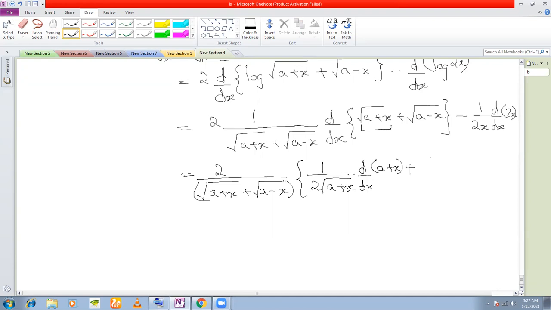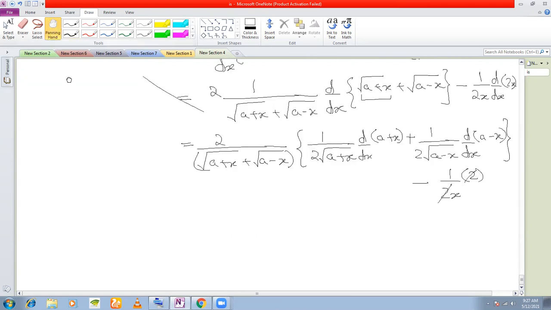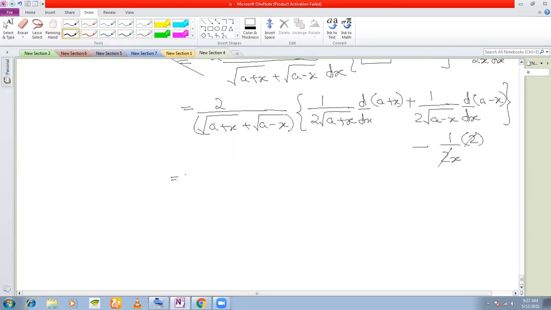And here you have root a minus x, so this is 1 by 2 root a minus x into the d/dx of a minus x. And you have a minus 1 by 2x into d/dx of 2x, which is simply 2. So this 2 and this 2 cancel. And we have 2 by root a plus x plus root a minus x.